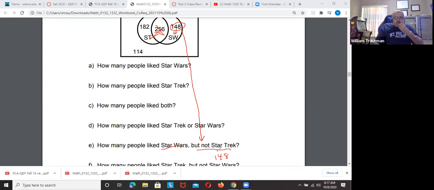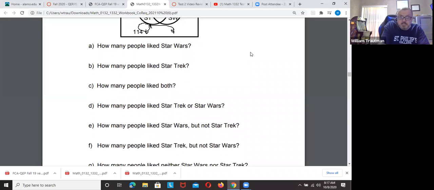So 148 like Star Wars, but they didn't like Star Trek. And F, how many people like Star Trek but not Star Wars? That's these people here. They like Star Trek, but they're not in the Star Wars circle. So it's just 182.